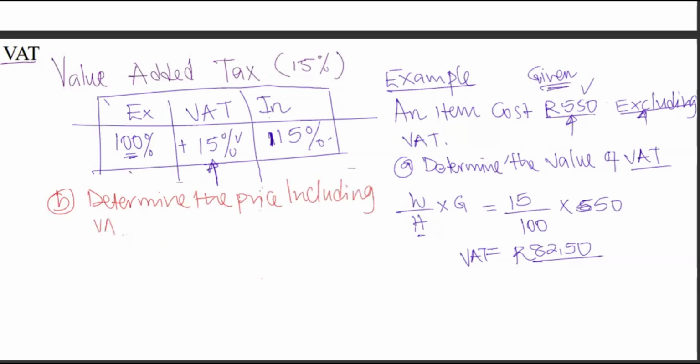The price including VAT. From what we've seen here, because you already have your VAT here and the price, you would only say 550 plus the VAT now that I have. What am I doing? I'm including. See that? 550 plus 82 comma 5. So here you see the answer, it becomes what?